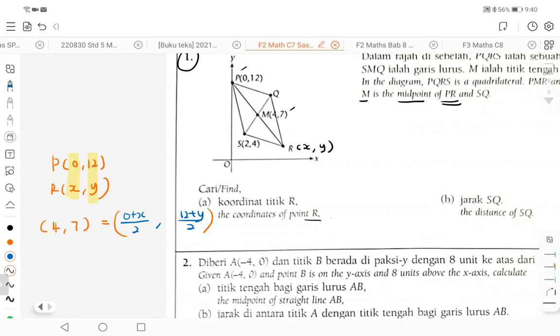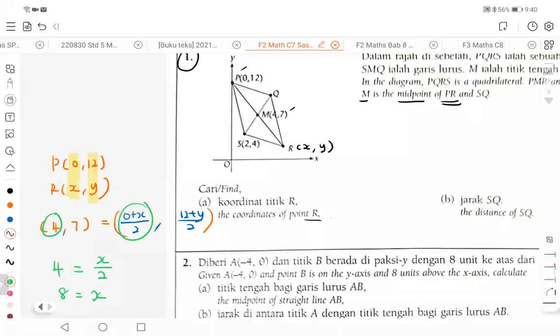Because here there is a comma, when you want to find the value of x and y, you can separate. You do times 2. 4 equals x over 2, so 4 times 2 is 8. x is 8.